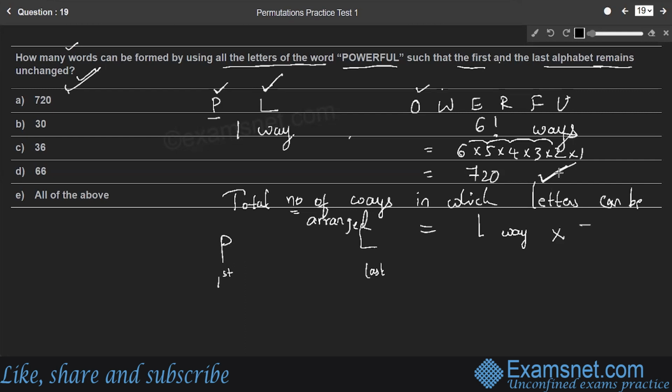Therefore, it is 720 ways. Therefore option A is the right answer.